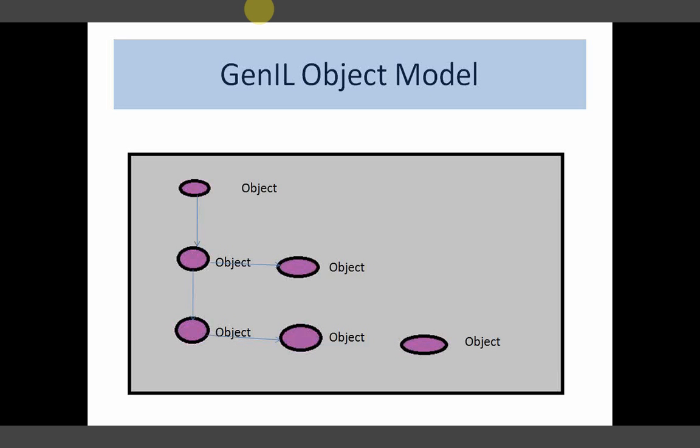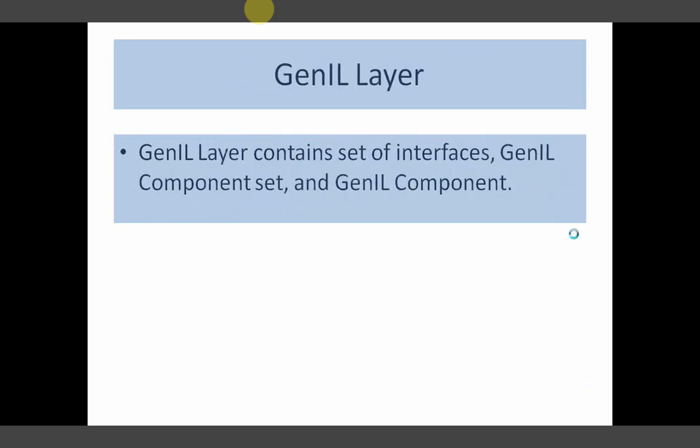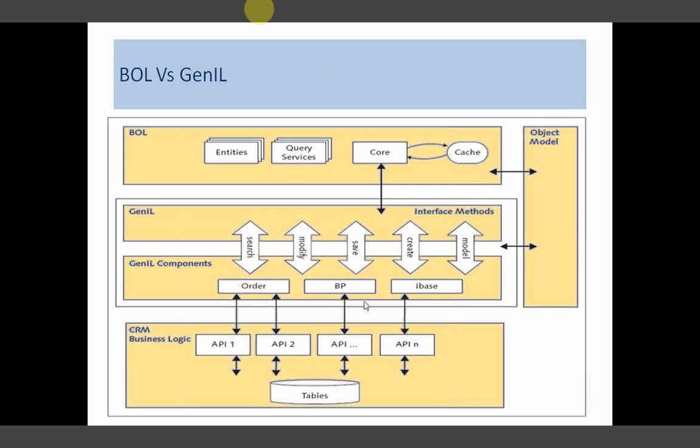The dedicated component class will throw the data to the object. So this is the dedicated class, and it is interacting with the object model. It also interacts with the API, fetches the data and stores it temporarily on the different object levels.